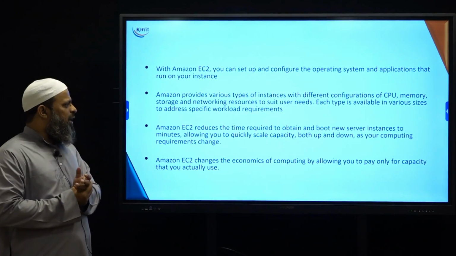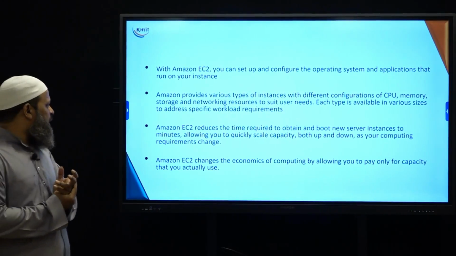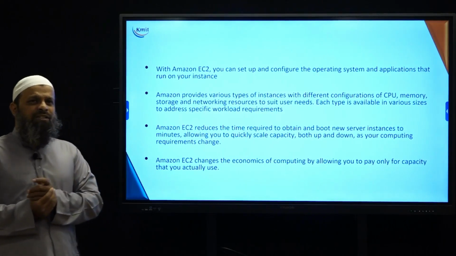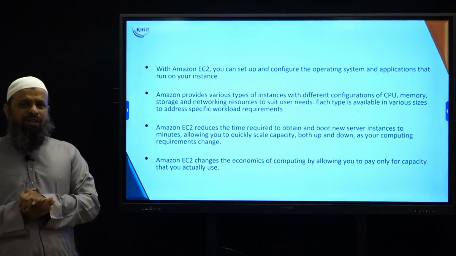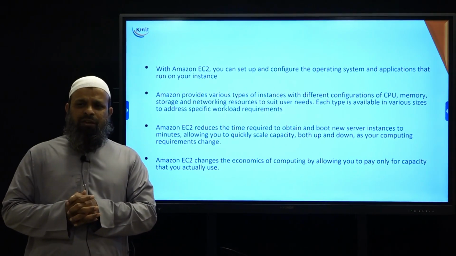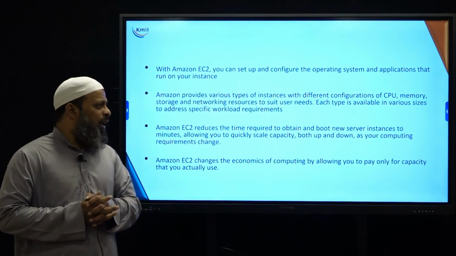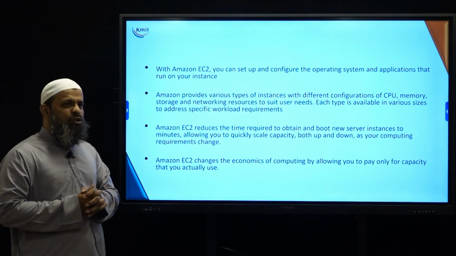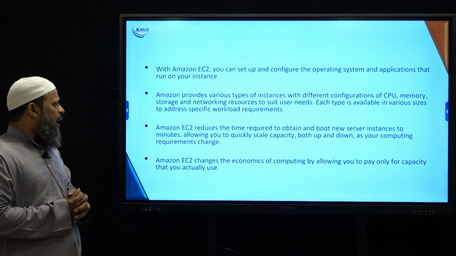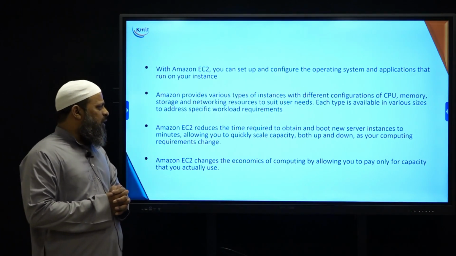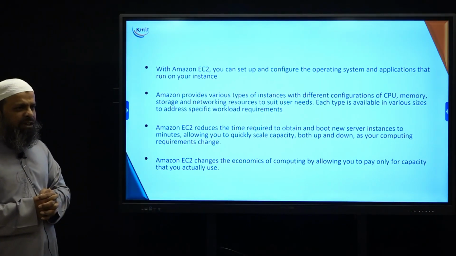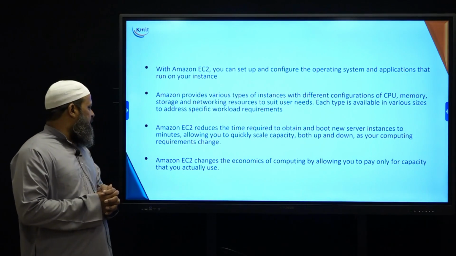Each type is available in various sizes to address the specific needs of the organization. You can sit at your own premises, demand as many servers as you want, stop your instances whenever you want, and boot new server instances within minutes so that you can increase your capacity.